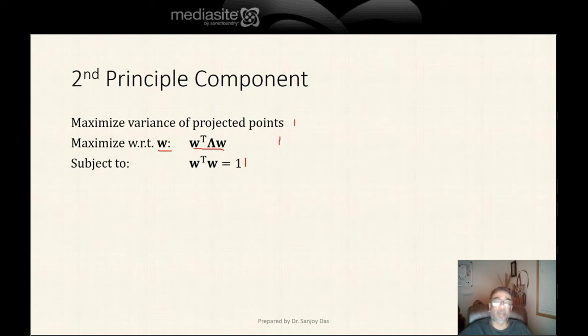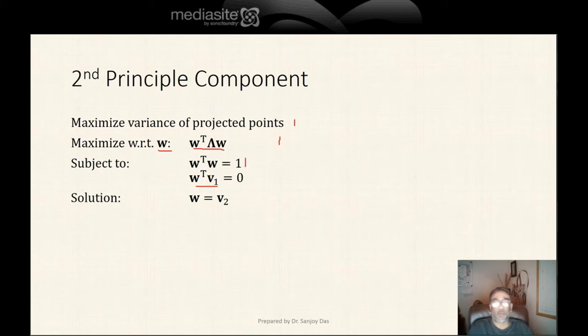But we have another constraint, that is W transpose V1 equals 0. What it means is that this new principal component has to be orthogonal to the first principal component. The second principal component is orthogonal to the first principal component. And what's the solution?